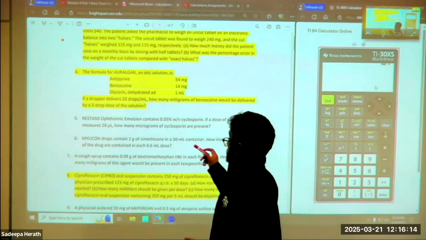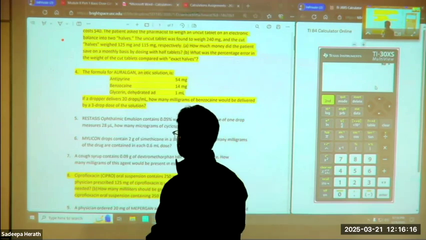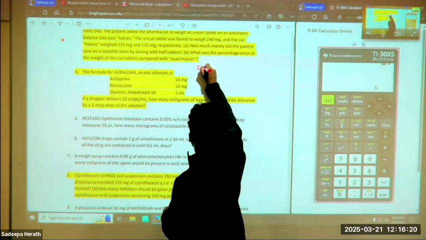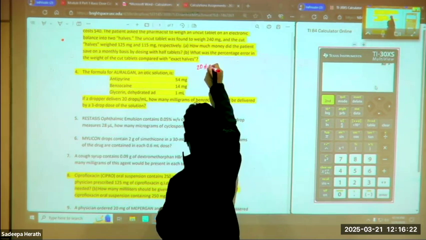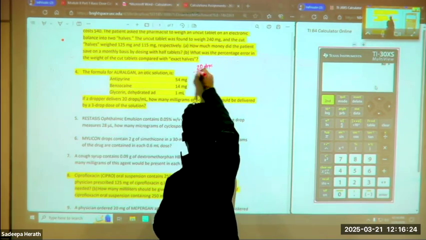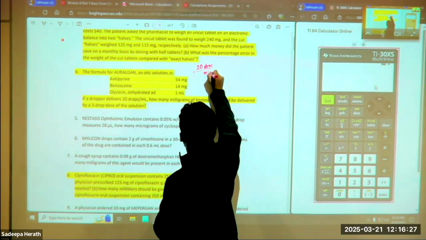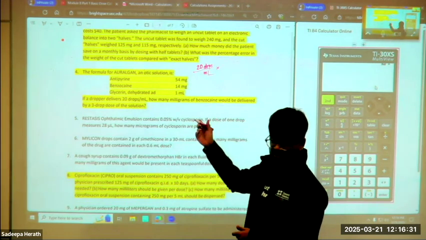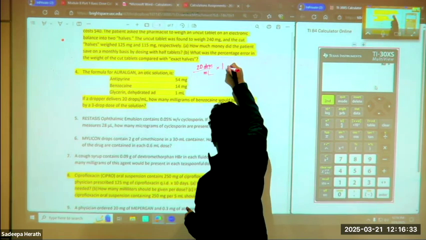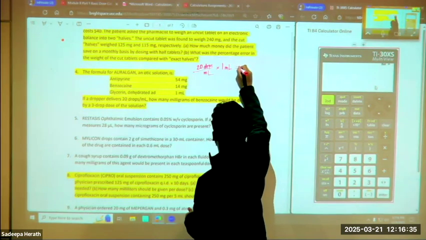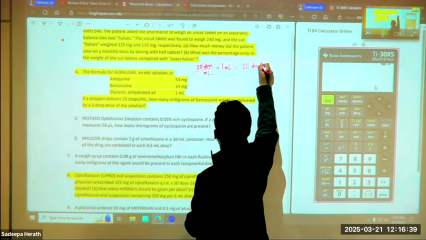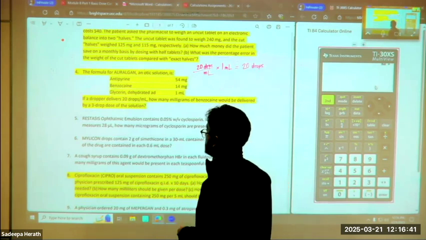So it shows 20 drops per mL. I'm going to abbreviate it right here, one less letter. Times the solution consists of 1 mL. So that's 20 drops. So it's going to take 20 drops to make this solution.